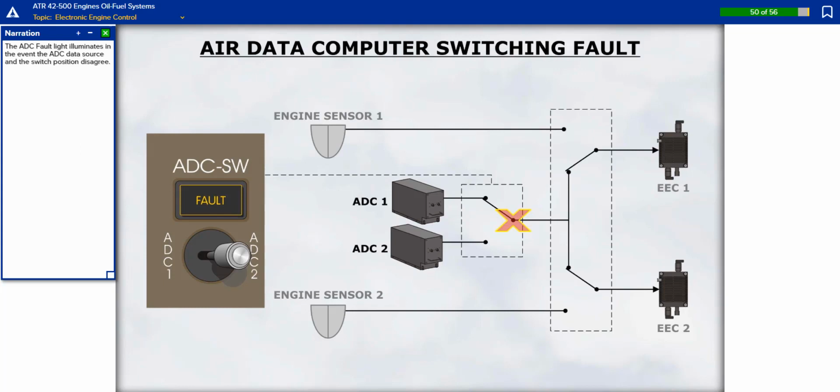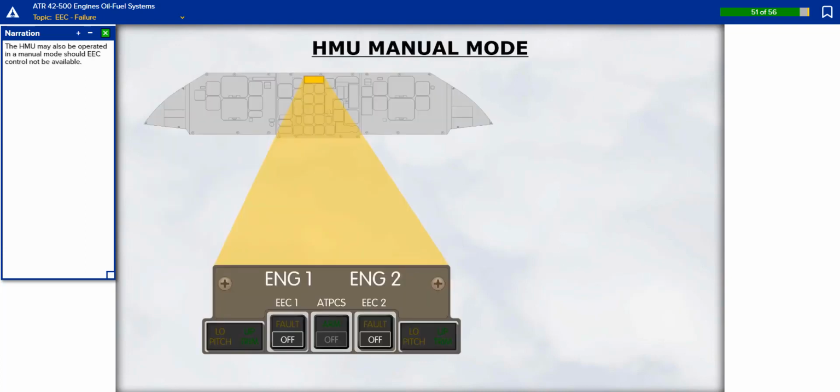The ADC fault light illuminates in the event the ADC data source and the switch position disagree. The HMU may also be operated in a manual mode should EEC control not be available.